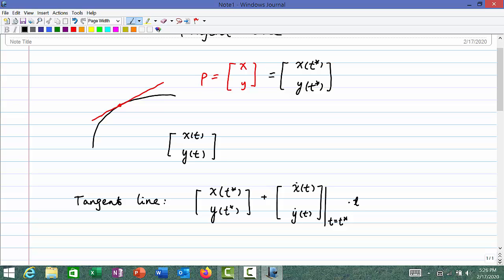Okay, so the differences between this t, this t you try to evaluate to get the derivatives.